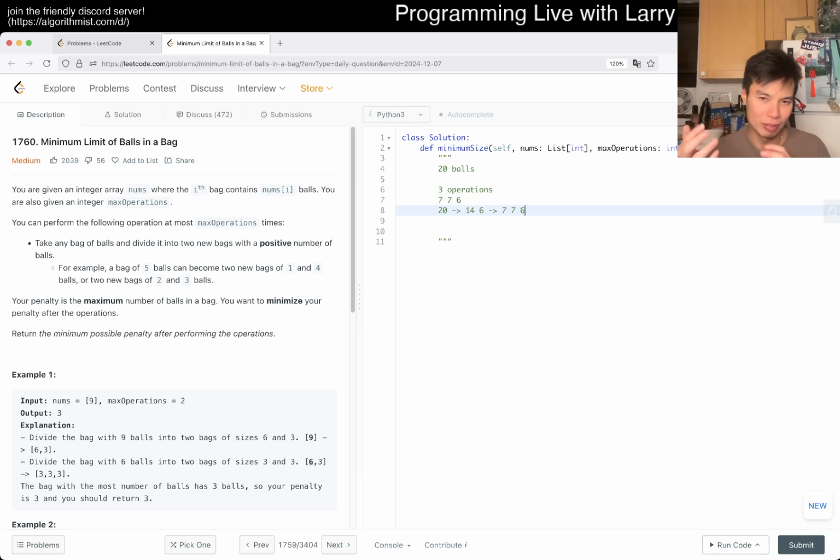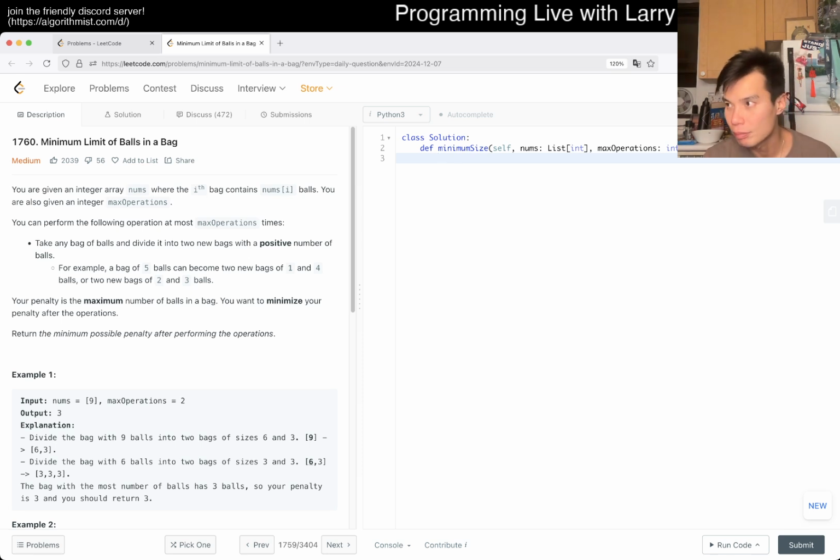It really doesn't matter which direction you go, as long as you have 20 balls at the end. So now this gives us the idea to binary search on the answer, and that's pretty much it. Each bag you can be greedy in the sense that you put as many balls as your limit is, and then that's it.